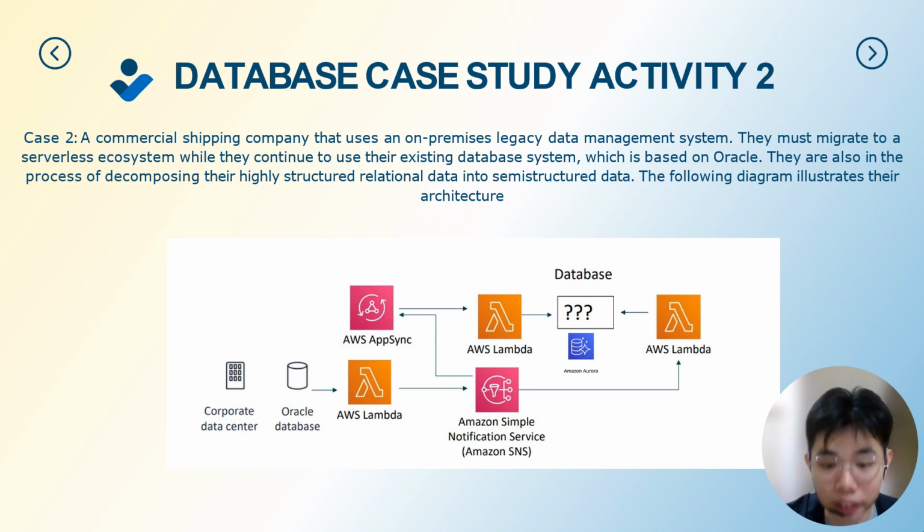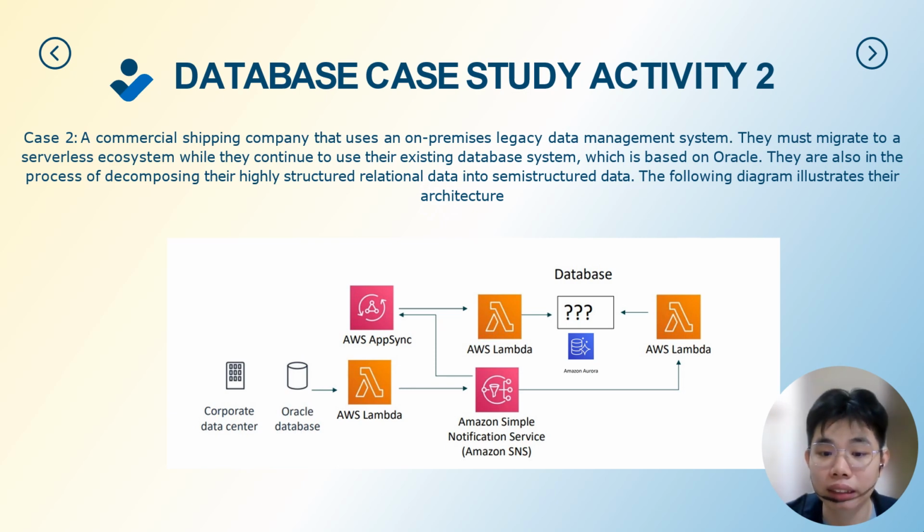So it automatically starts up, shuts down, and scales capacity up and down based on our application needs. It also supports the full breadth of Aurora features, including global database, multi-AZ deployment, which is multi availability zone deployment, and also read replicas.